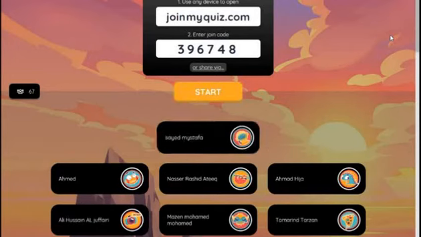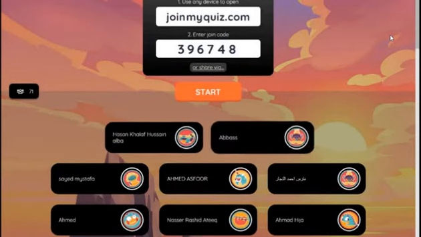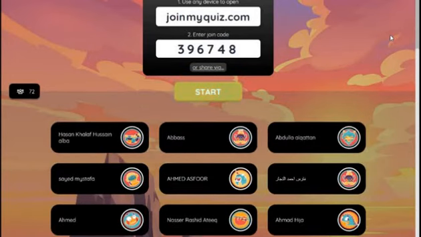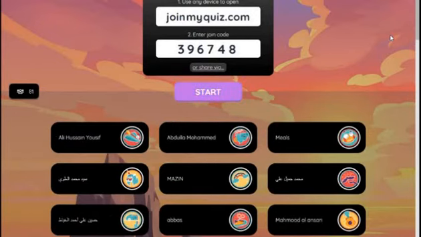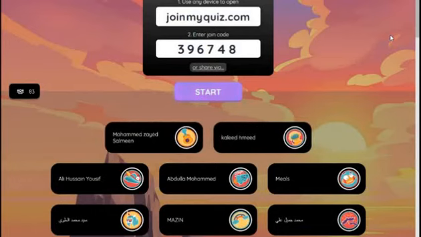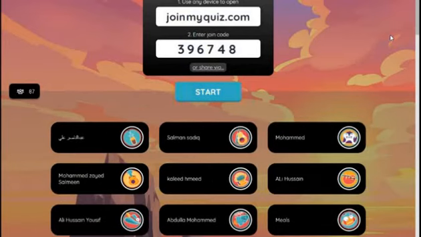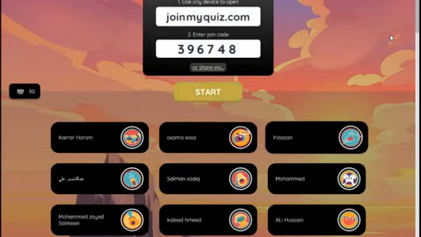The good thing about quizzes is that when you answer correctly, you will have bonuses, like, for example, deleting some answers maybe, or doubling your score. So try to have a streak to get as many points as possible.